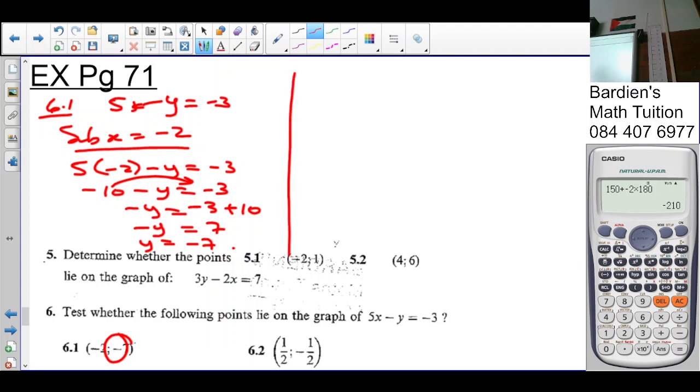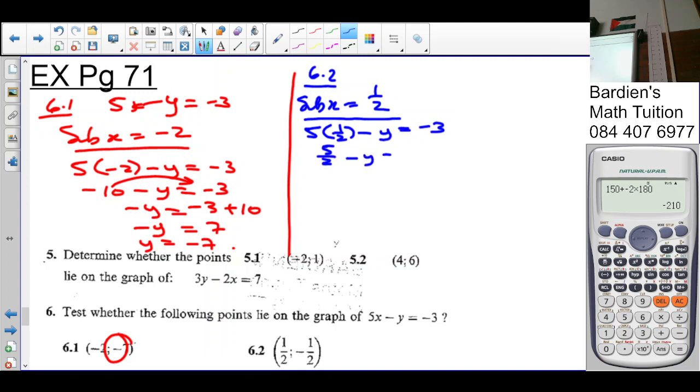Let's do the other side. 6.2. You'll substitute x is equal to half. So 5 times half minus y is equal to negative 3. 5 times half is 5 over 2. To get over the equal sign, negative y is equal to negative 3 minus 5 over 2, which is negative 11 over 2.